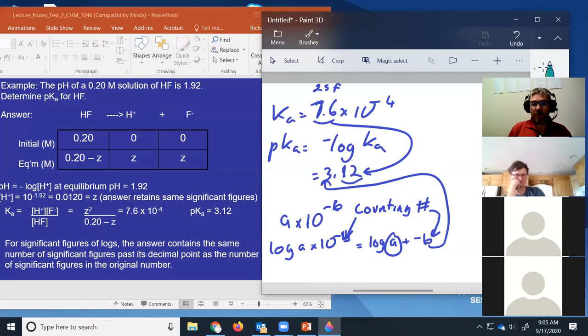So we're not really interested in the significant figures of what's out the front because that relates to the exponent, which was a counting number. So the only thing that really matters for the significant figures will be the log of A, which will be whatever's past the decimal. So I hope that makes sense. That's the reasoning behind it. Does anybody have any questions? No, you're all fine with that. I don't believe that, but anyway.